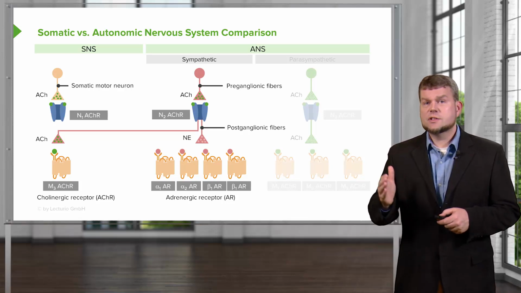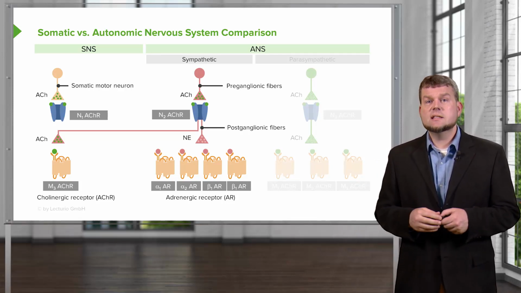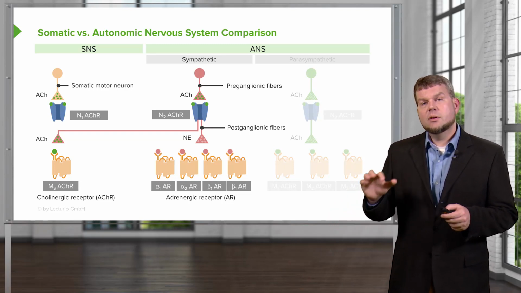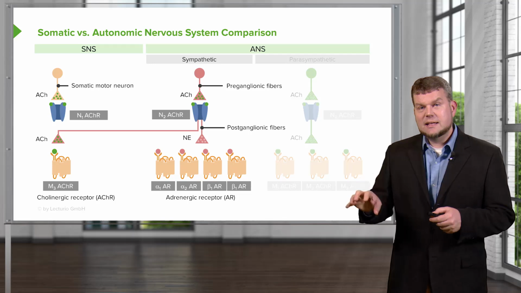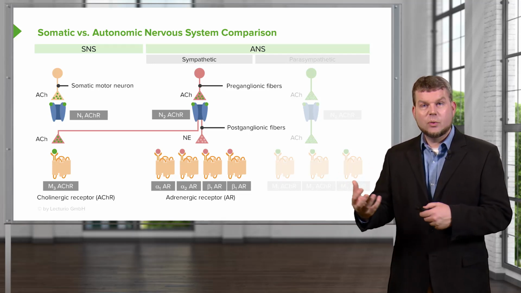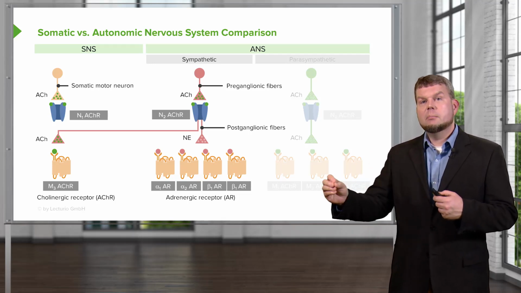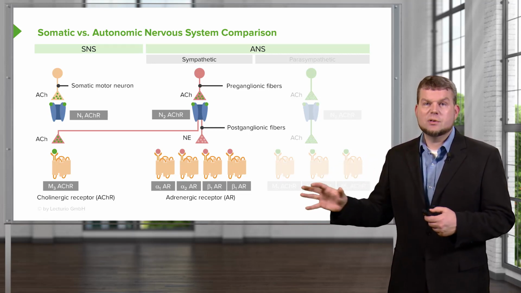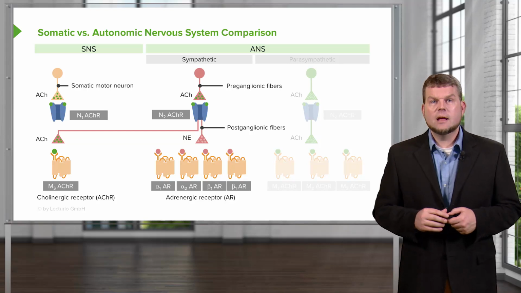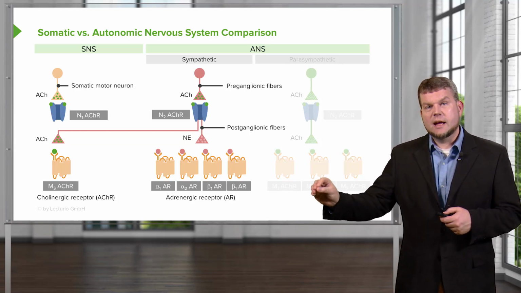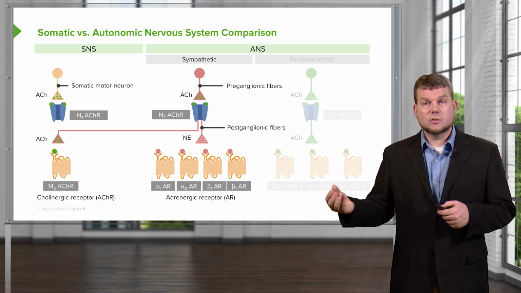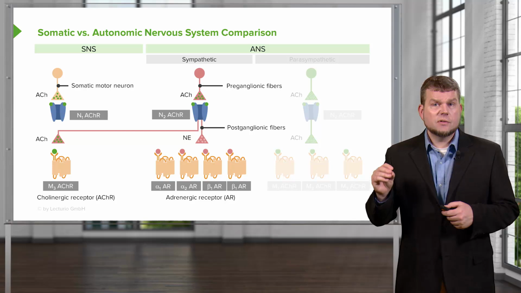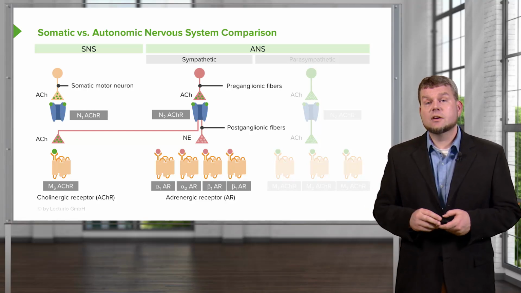There's alpha 1s, alpha 2s, alpha 2Cs, beta 1s, beta 2s, beta 3s, and they will be at different locales in the body depending upon their density. Then they will get a metabolic response, vascular response, or whatever change that particular organ will undertake. So that's the noradrenergic pathway through adrenergic receptors, whether they're alpha or beta. But remember, there are a few examples of cholinergic sympathetic nerves.